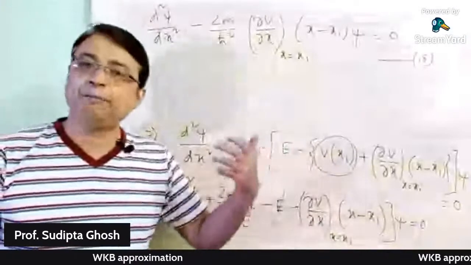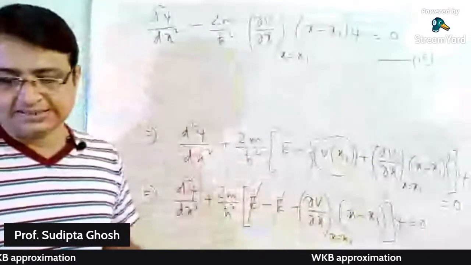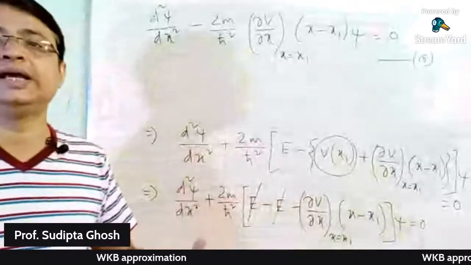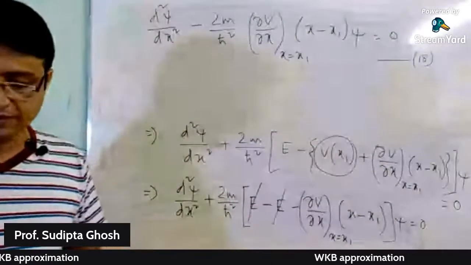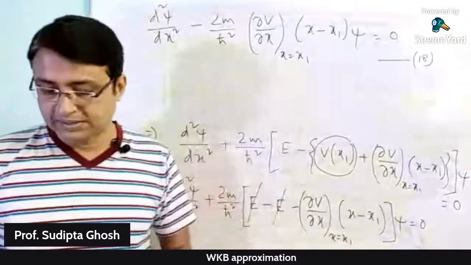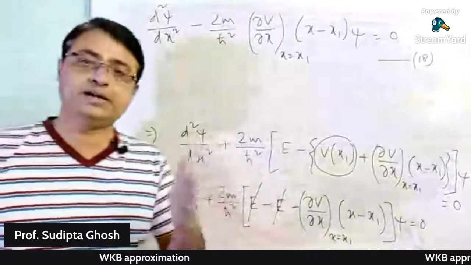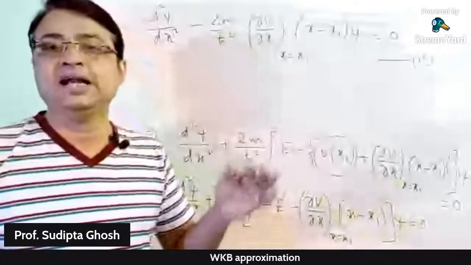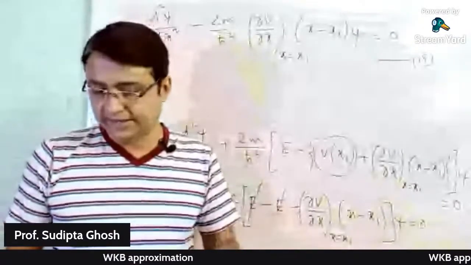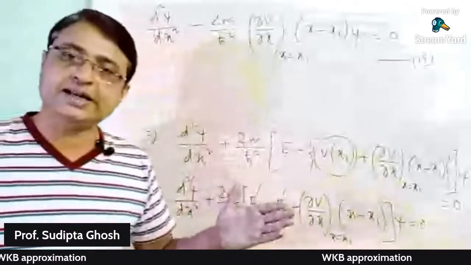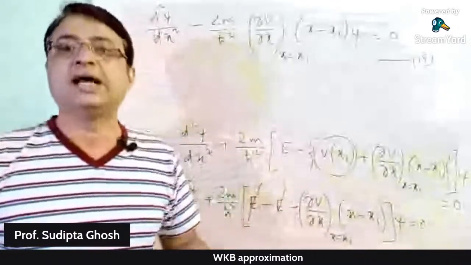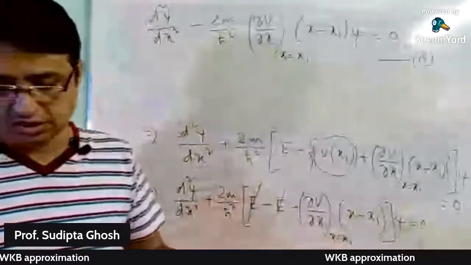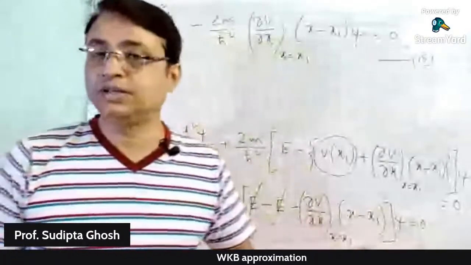One is a pair of solutions for x less than x1, and a pair of solutions in the x greater than x1 region. So in x less than x1 there should be two solutions, as well as for x greater than x1 there will also be a pair of solutions. Now this is our first step.